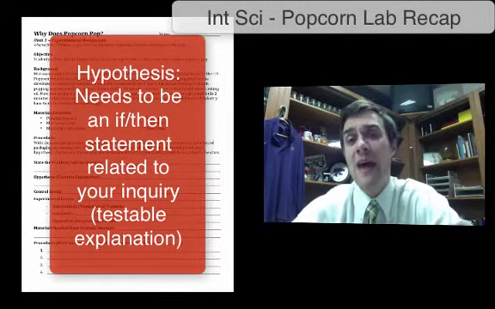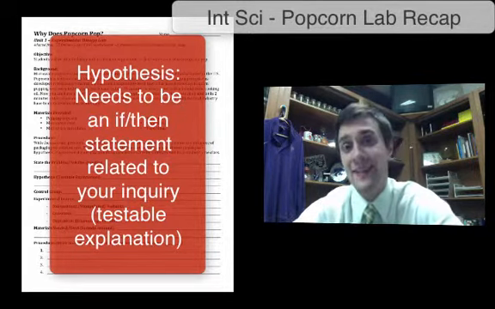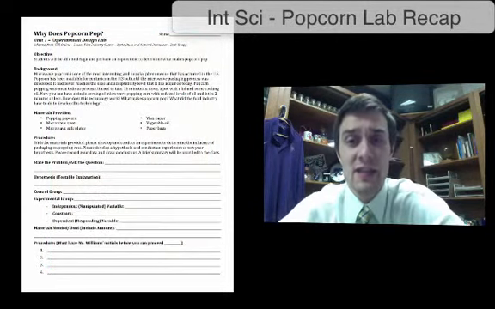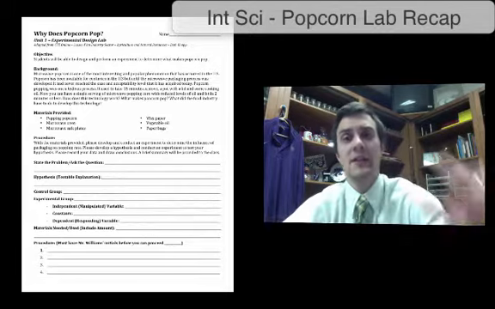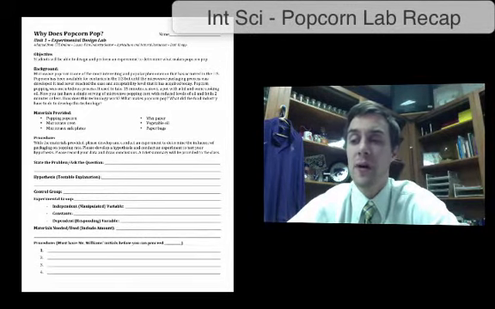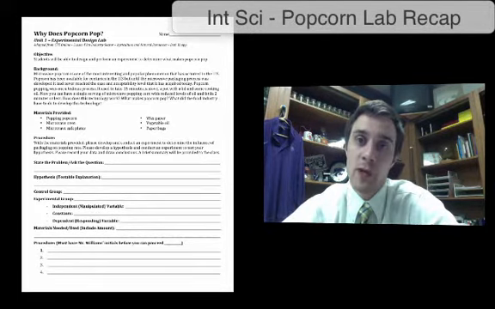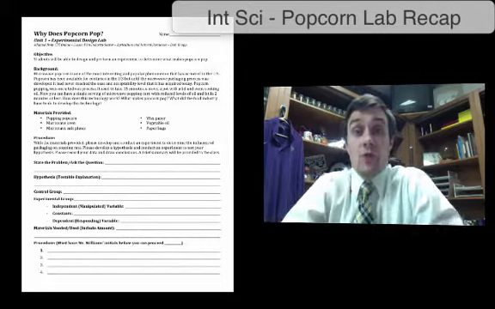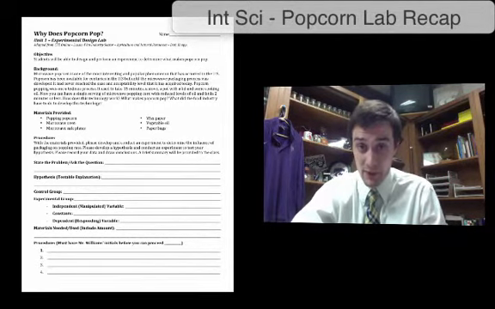So you come up with some adjective that would describe the popping rate, and there's your hypothesis, that if-then statement. The hypothesis is going to get a little more specific than the question in order to give you some type of foundation to build an experiment to then actually answer the question if packaging does influence popping rate at all.